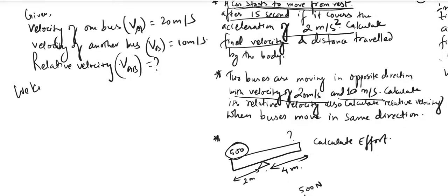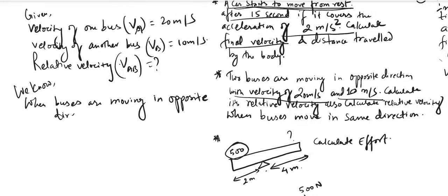We know the formula when buses are moving in opposite direction. So look at the question: two buses are moving in opposite direction with velocity this and calculate its relative velocity.